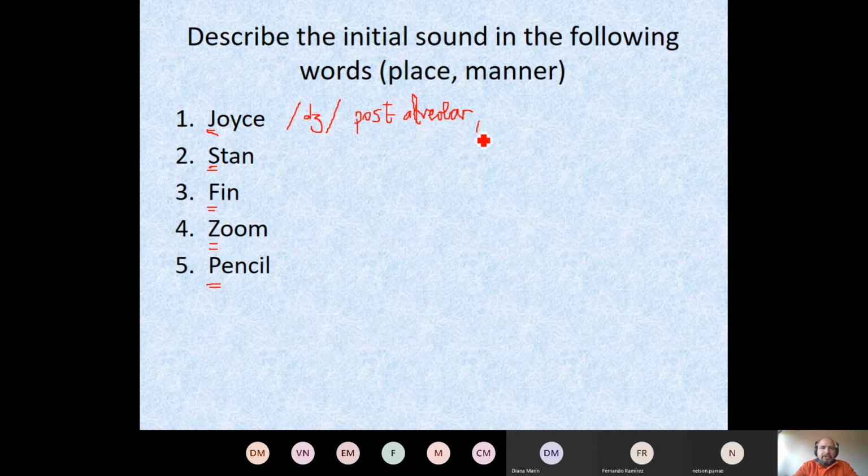In terms of manner, j. What do you think? In terms of manner, how the airflow is affected. Do you block the air when you say j? Is there a friction?